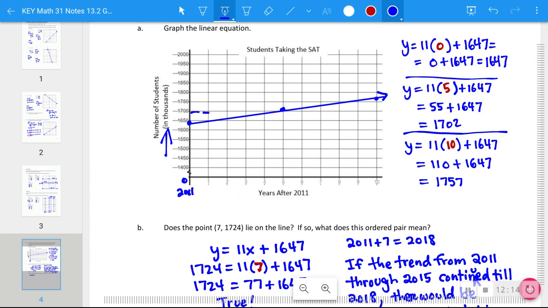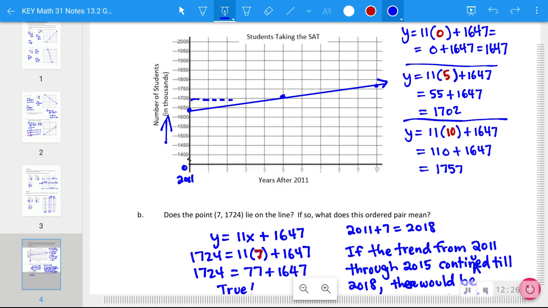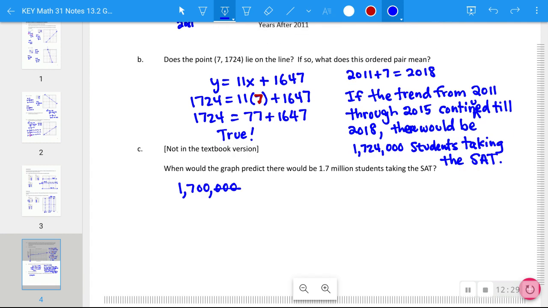And if you follow that across here, you find out that that happens right at that 5-year break, or really close to it. So 5 years after 2011, approximately 2016.